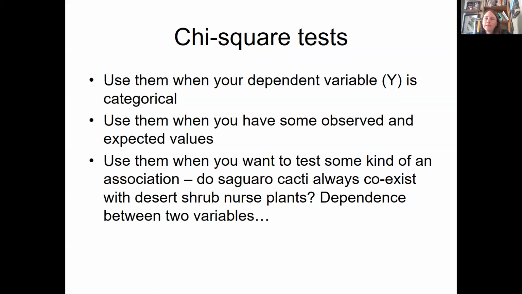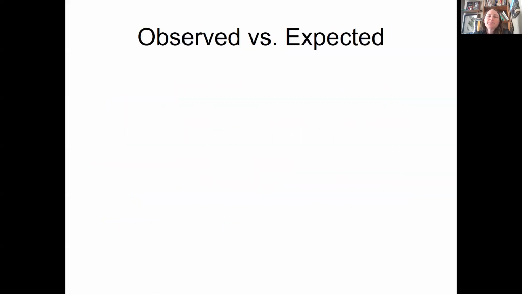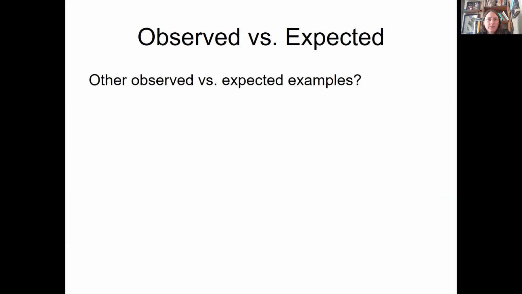So it's looking at kind of dependence between two variables, or an association between two plants in this case. So at the core of chi-square tests, you're trying to compare some observed value to some expected value.